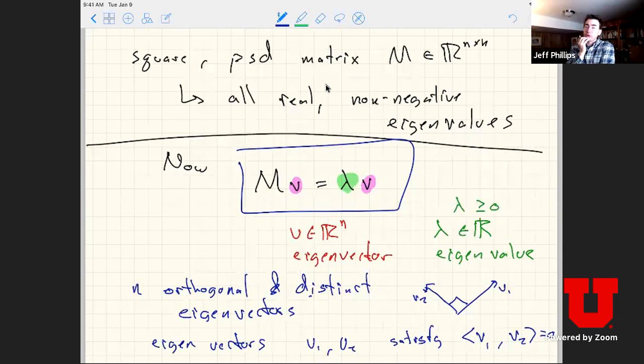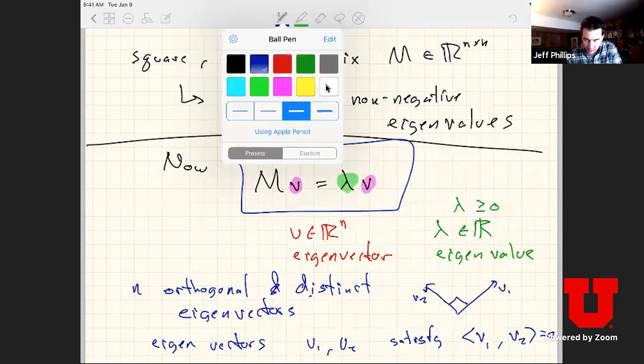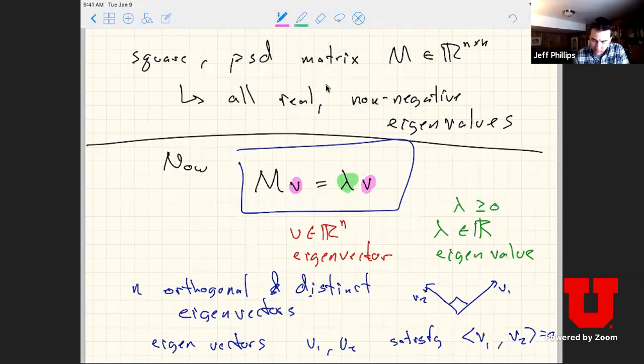Yes, okay. And the largest value captures the most variance, right? I'll say one more thing and then I'll end so we can do the quiz.